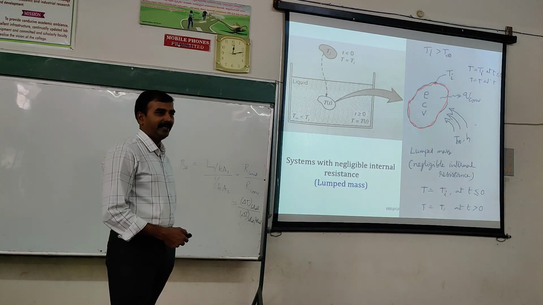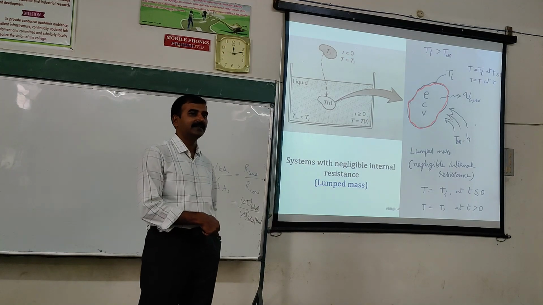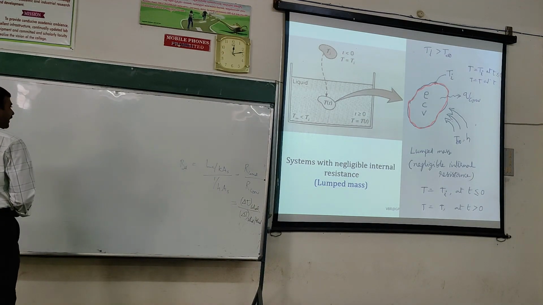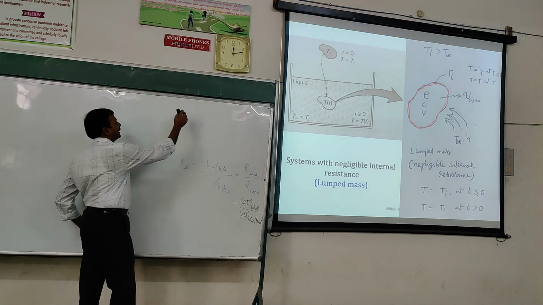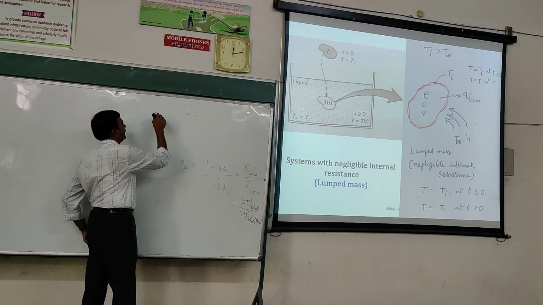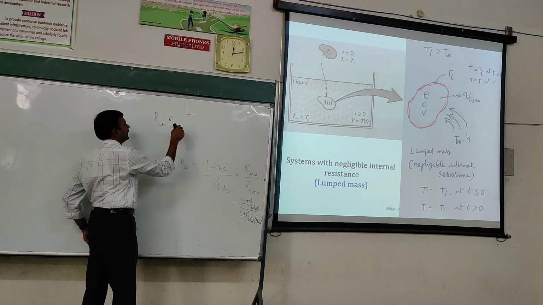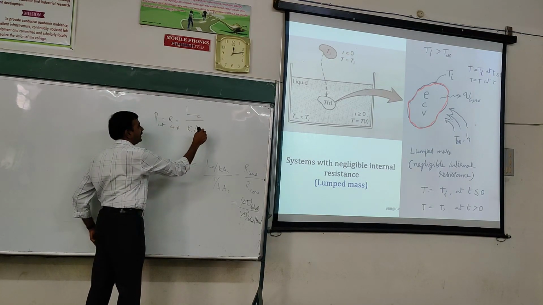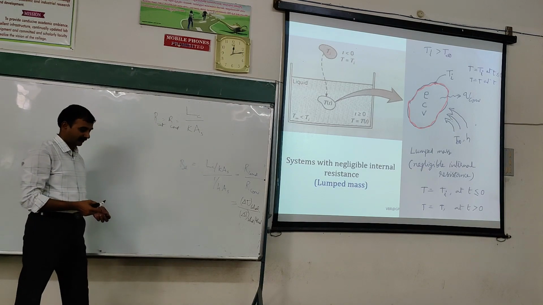What does it mean? The internal resistance is conductive resistance, which is equal to L by KA, right? The internal resistance is nothing but conductive resistance, which is equal to Lc by kA, where A is the surface.